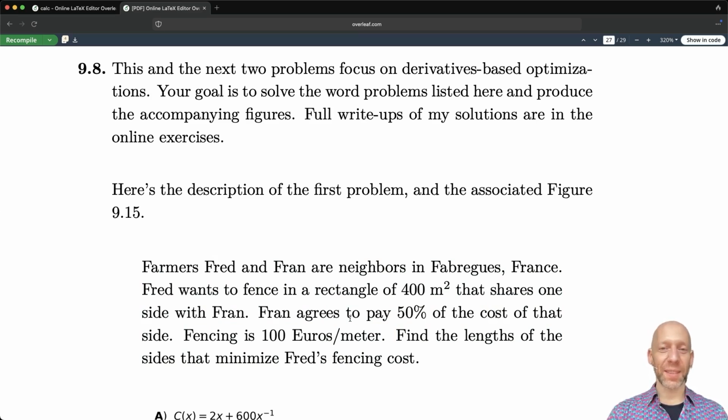And your task is to figure out what is the objective function, what is the thing you need to optimize for, how you can build a function for that optimization objective, and then use derivatives to find the exact solution.